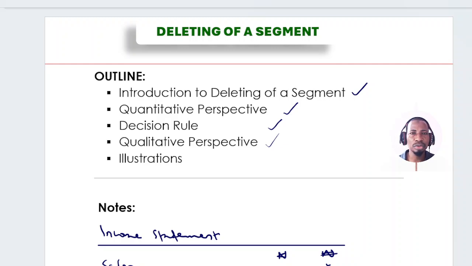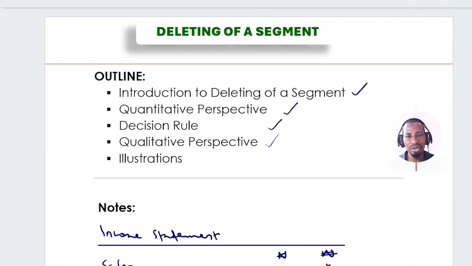Then the decision rule under the economic analysis is that if it is a positive contribution, the segment should not be deleted because the segment is contributing positively towards the recovery of the company's general fixed overhead and net profit.